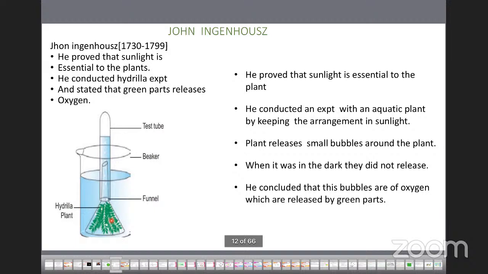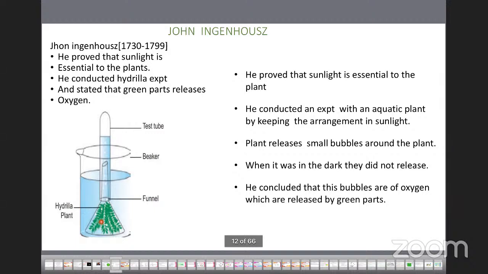Then he took one test tube which is also filled with water. This water-filled test tube is arranged inverted on the stalk of the thistle funnel.